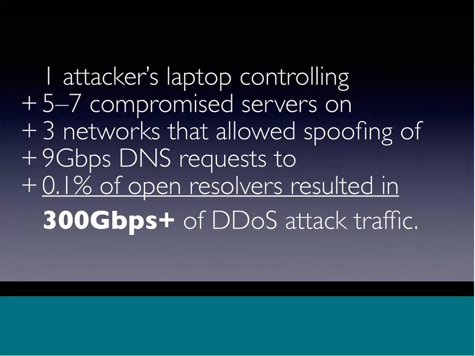The thing that's a little disconcerting about this is that he was only accessing 3 networks and 0.1% of open resolvers. He was barely scratching the surface of what is possible in producing huge quantities of attack traffic.